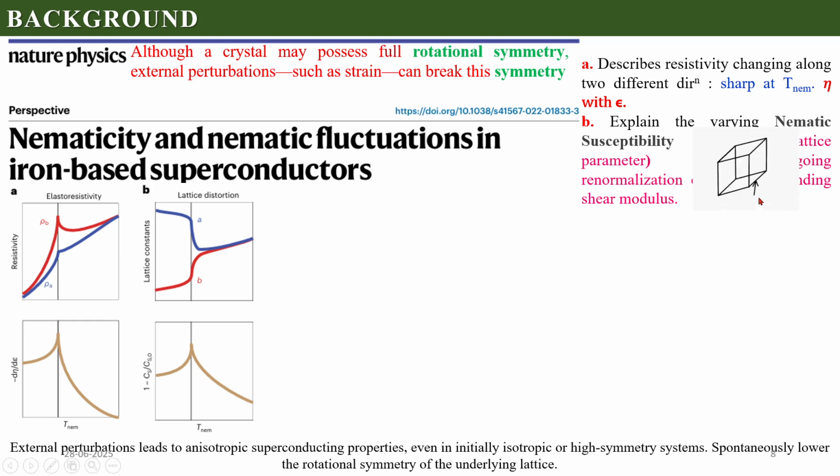If I stress this perfect cube along the x-axis and y-axis and then rotate this crystal, it no longer preserves the C4 symmetry, so this breaks the C4 rotational symmetry.